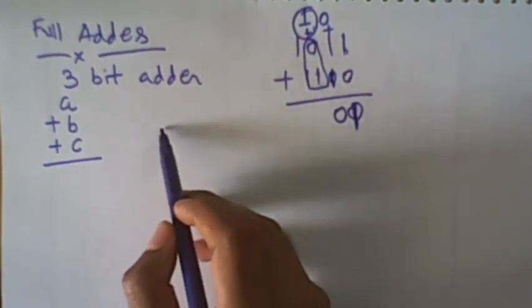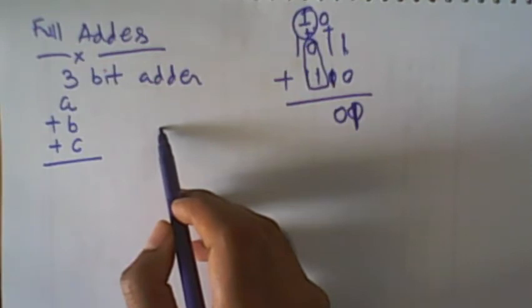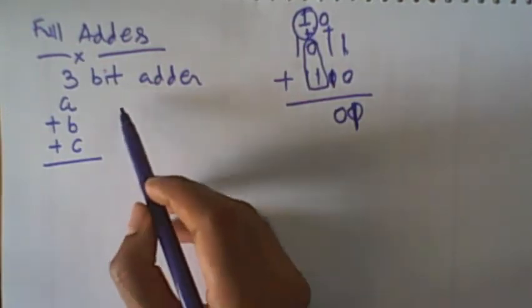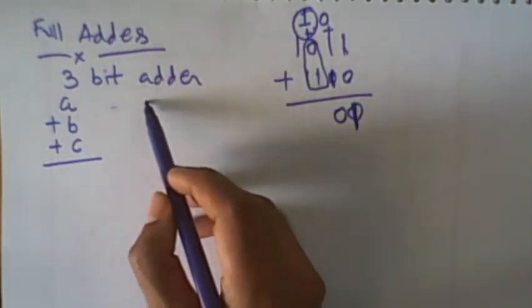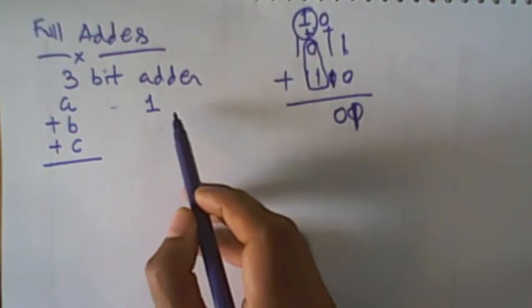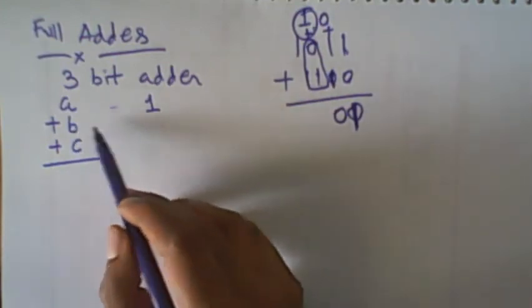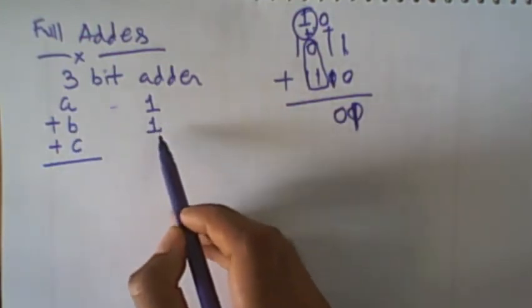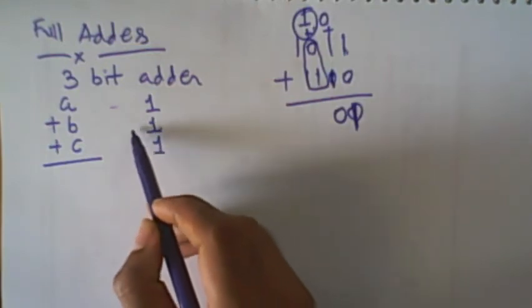Now the next step is to identify how many output variables are required. So let me take the maximum value of each input variable, which will give the maximum output range. Let A equal 1, B equal 1, and the previous carry also equal to 1.